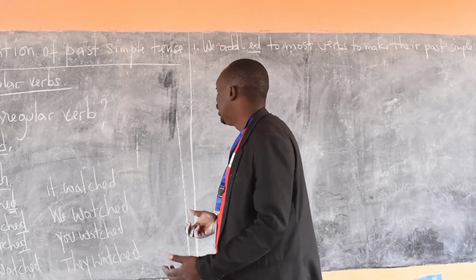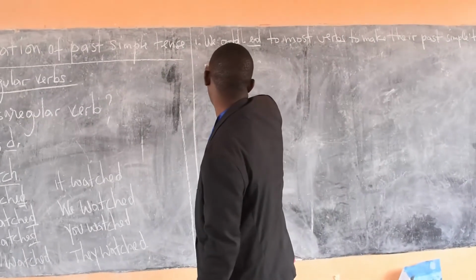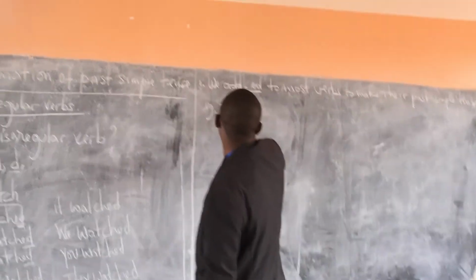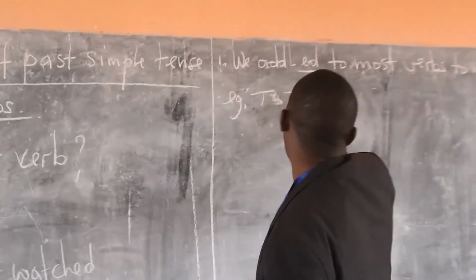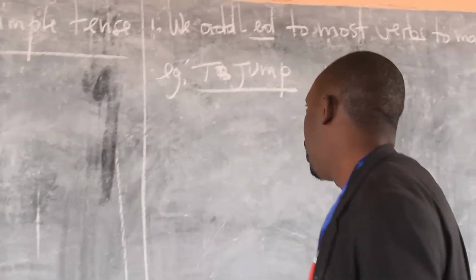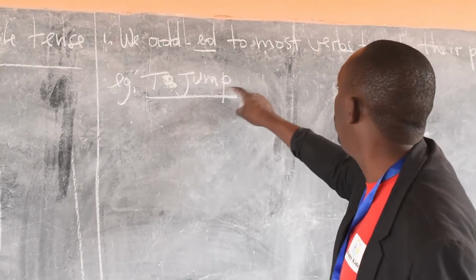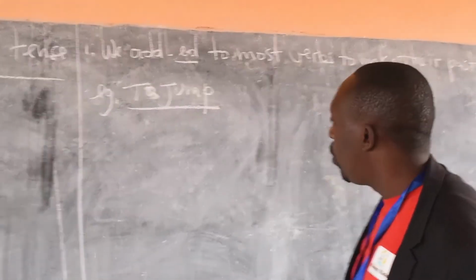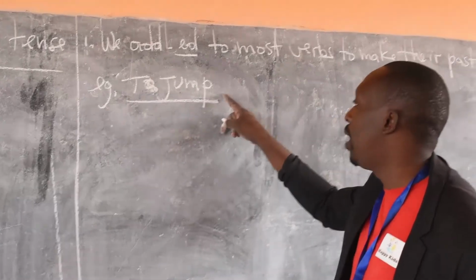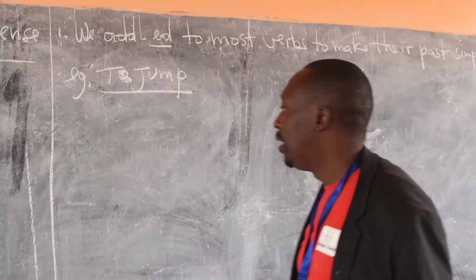So let me give you another example. Let us take the verb, for example, to jump. You see? This verb is also a regular verb because when we make its simple past, we will add ed at its end.